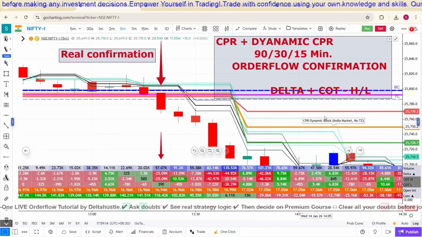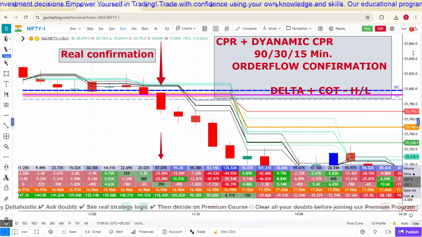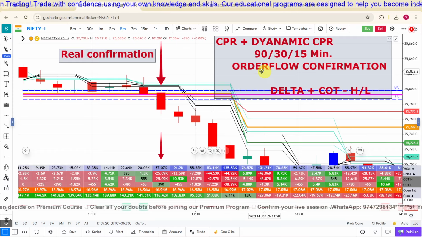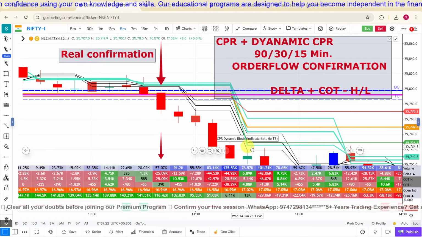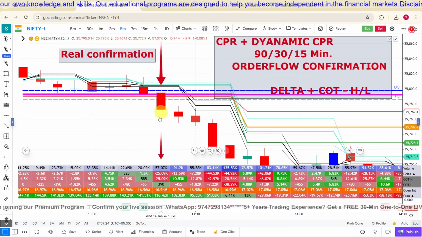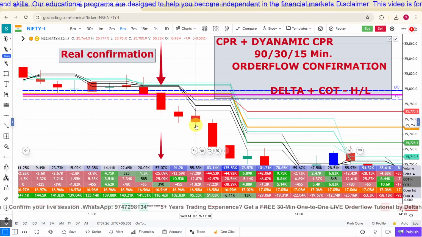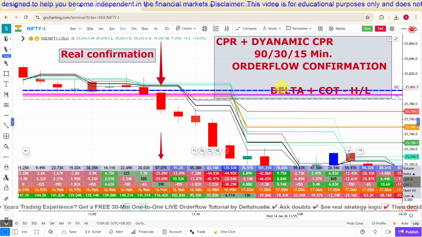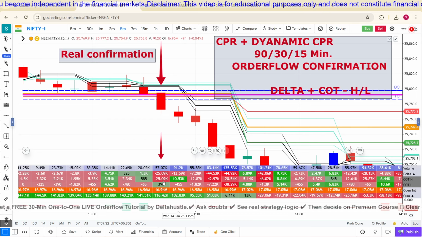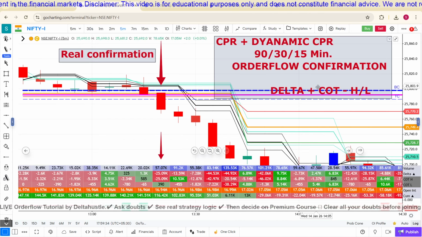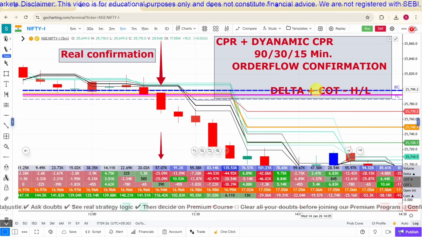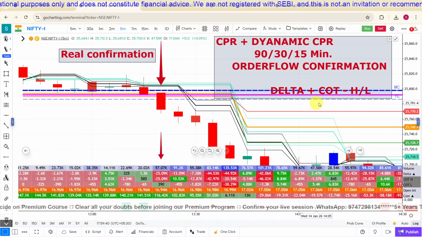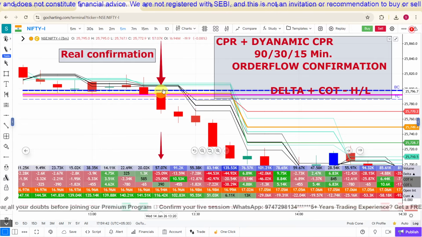Dynamic CPR is a developing CPR. With the help of this dynamic CPR, we can exactly identify the breakout or breakdown. No doubt about that. And if we confirm this with the order flow, delta plus COT, we will get 100% accuracy. That is what we are studying.